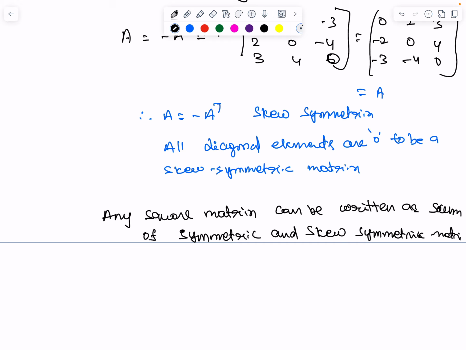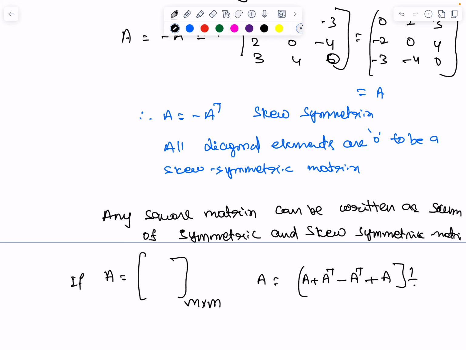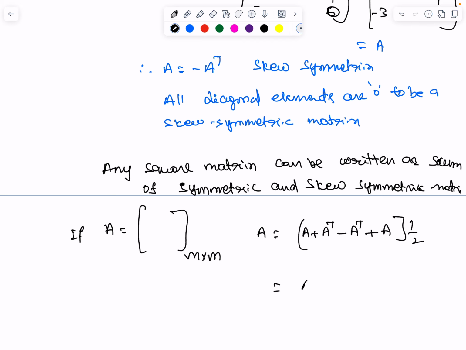That is, if A is equal to some n by n matrix, then A can be written as A plus A transpose plus A minus A transpose, divided by 2, and this is giving A plus A transpose as one set, plus A minus A transpose as the other set, divided by 2.